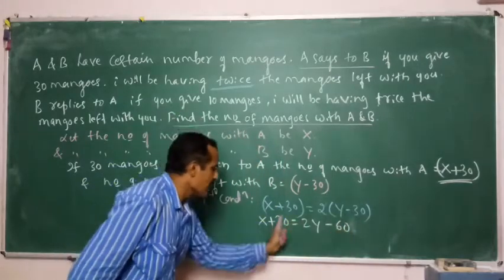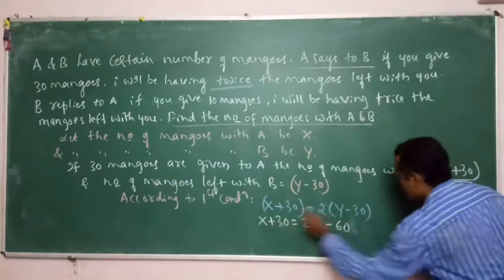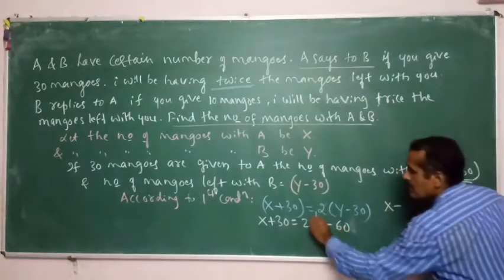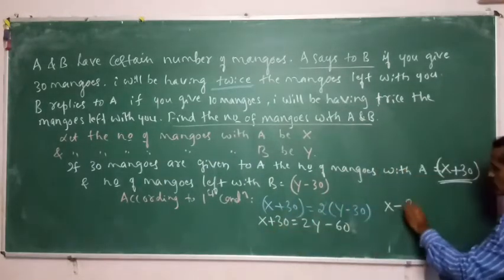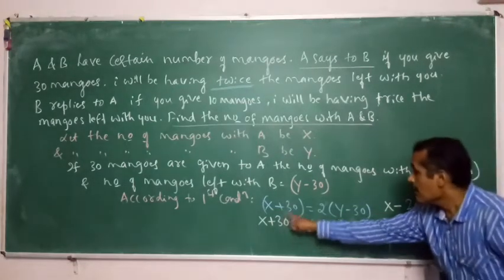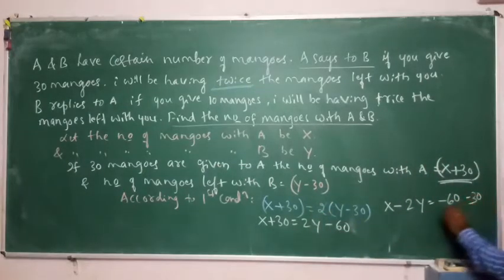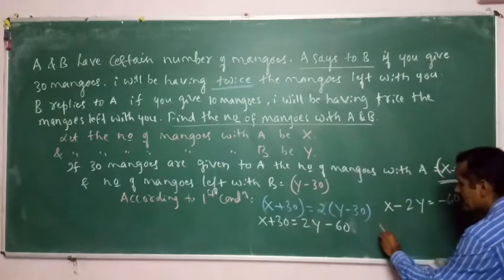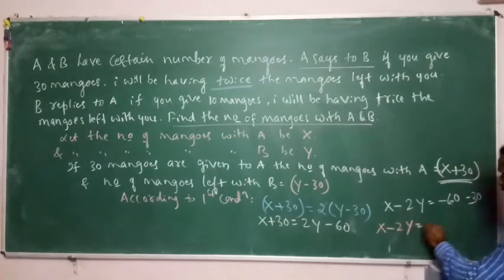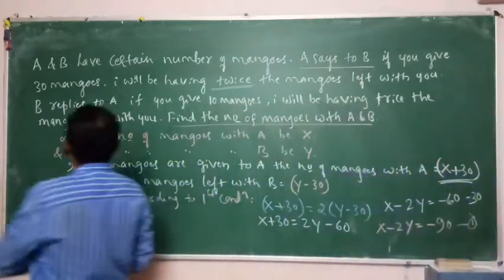I will bring 2y to the LHS and 30 to the RHS. x minus 2y is equals to minus 60 minus 30. So your first equation is x minus 2y is equals to minus 90. Equation number 1.